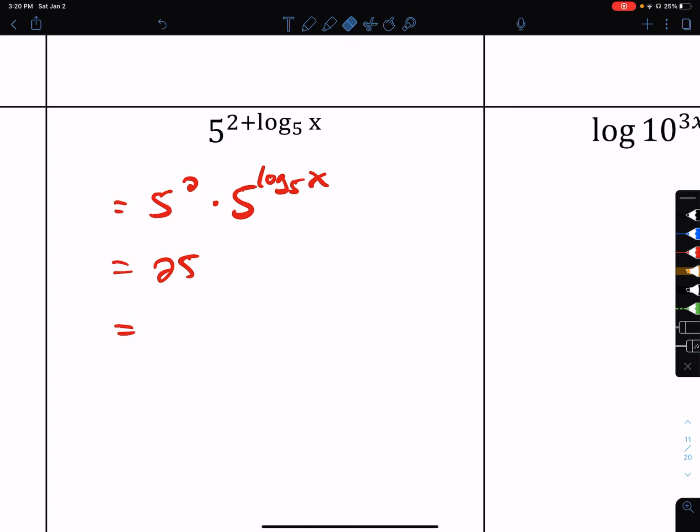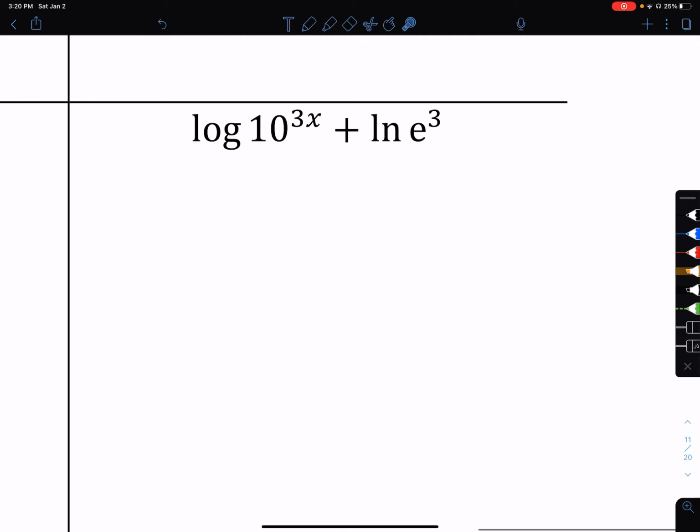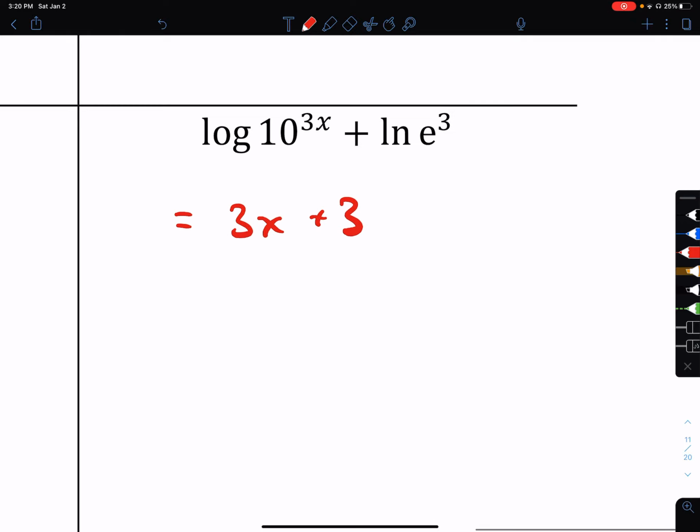Don't have to write 25 times x. You could write 25x. Last one of this type. Common log, base of 10, this just becomes the exponent. Natural log, this argument is the base e, this just becomes the exponent. Nothing else we could simplify with that.